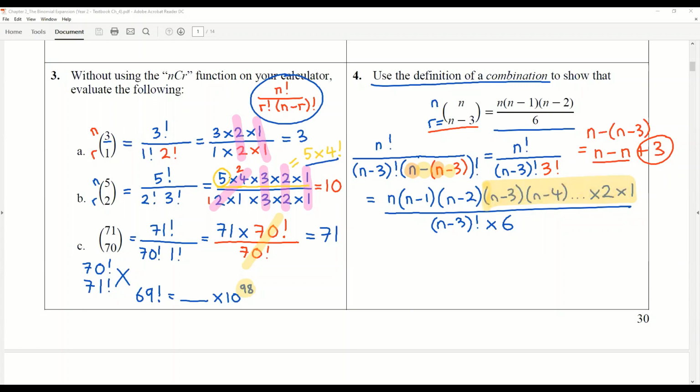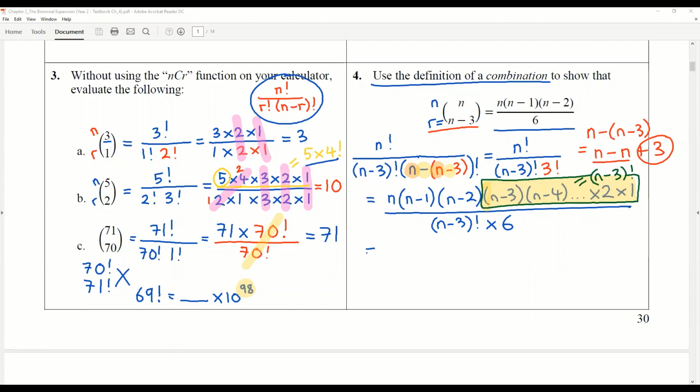Because it's n minus 3, n minus 4, and so on until you get down to 1. So I can replace all that with n minus 3 factorial. This part I've just shaded in here. So let's do that.